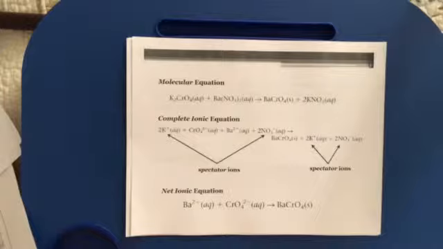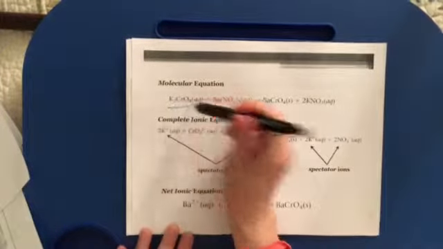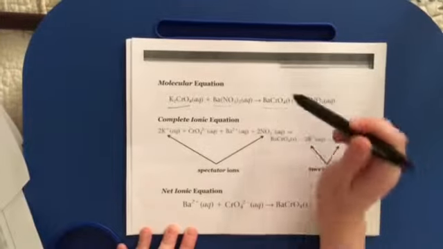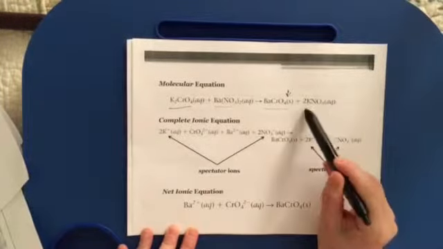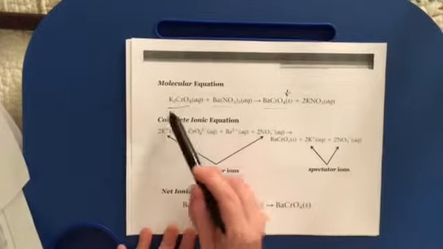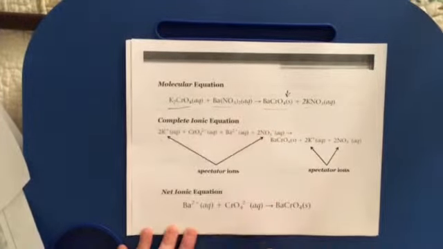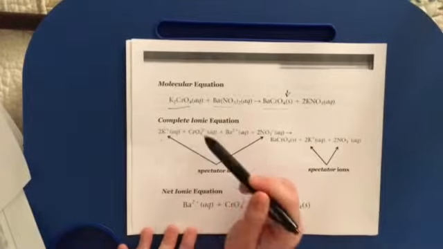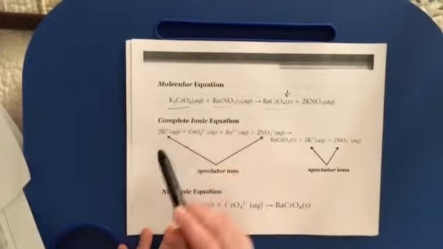Here's another example. You've got potassium chromate reacting with barium nitrate to form barium chromate, which is a solid, and potassium nitrate. So we're going to break apart everything. So see how you've got 2 potassium ions. We have to know the charges here because when it breaks into ions, it's got a charge.